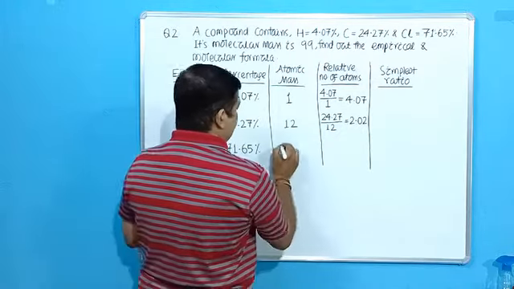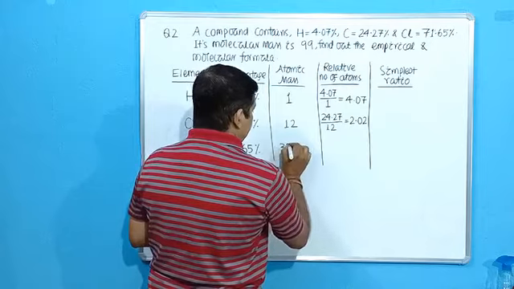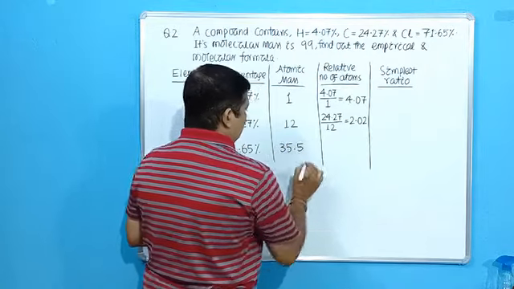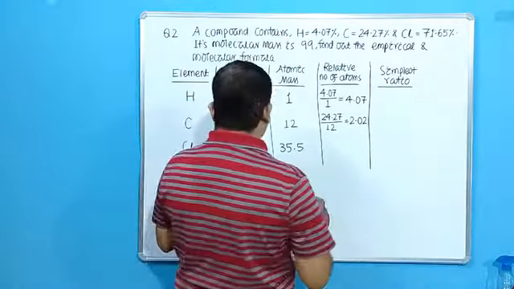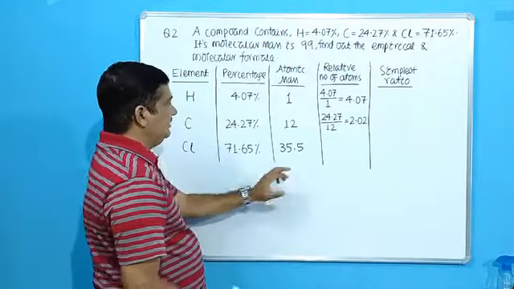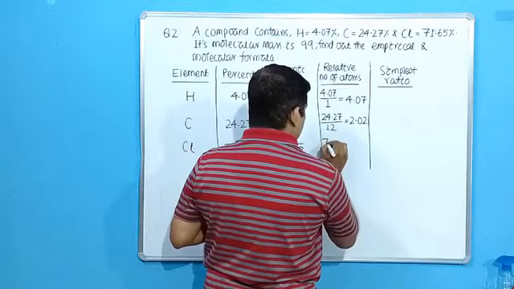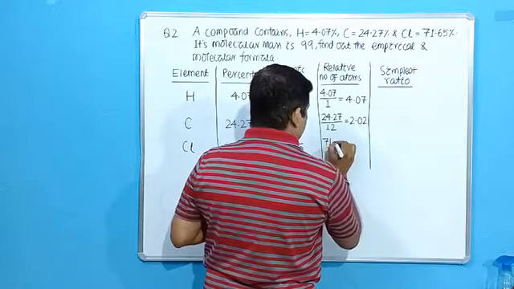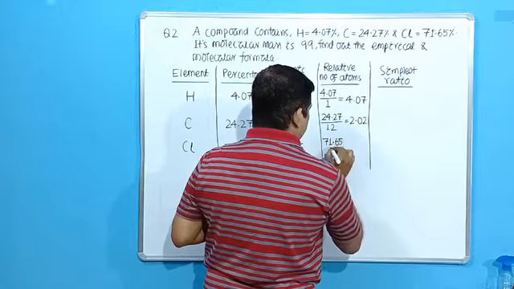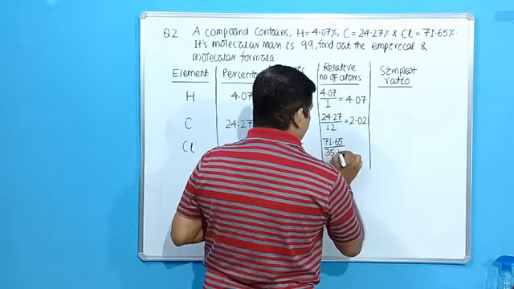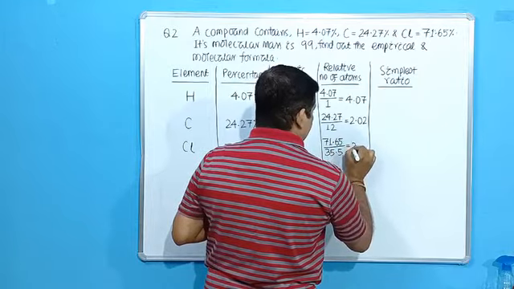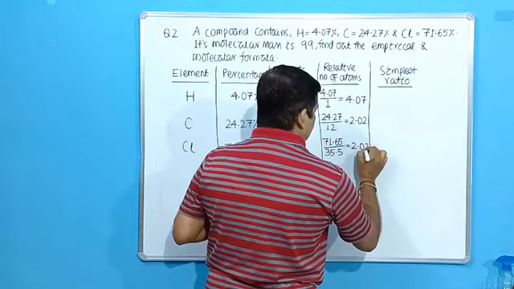The atomic mass of chlorine is 35.5. So the relative number of atoms is percentage by atomic mass, that means 71.65 divided by 35.5. It will also be 2.02.